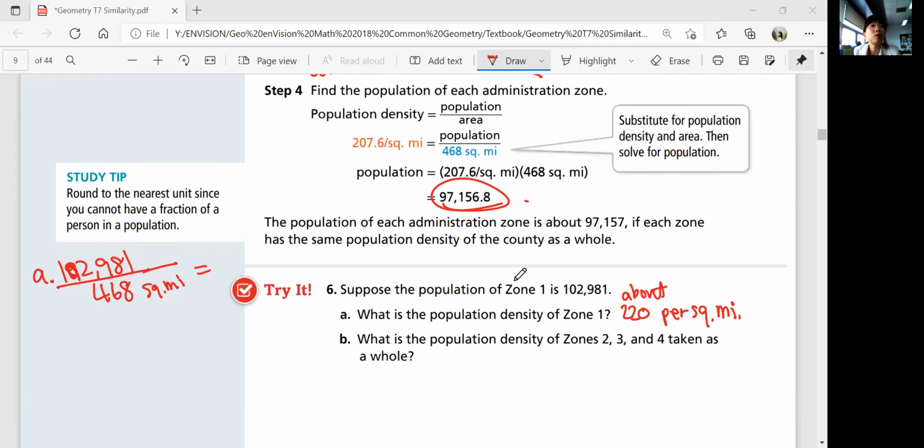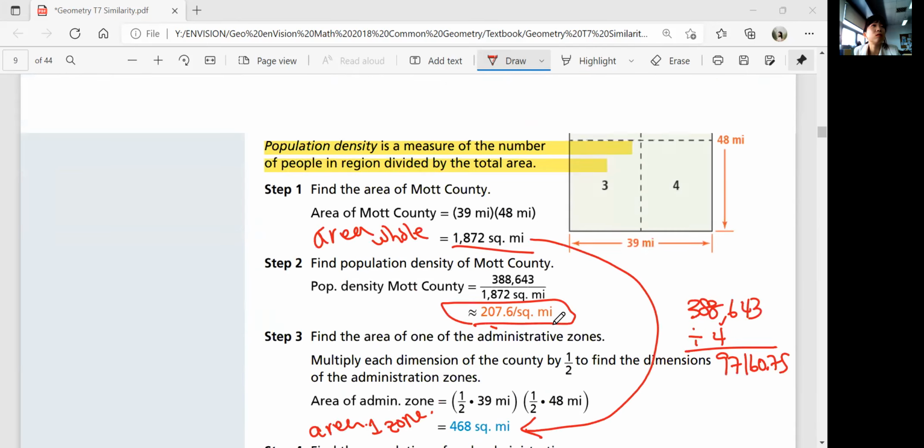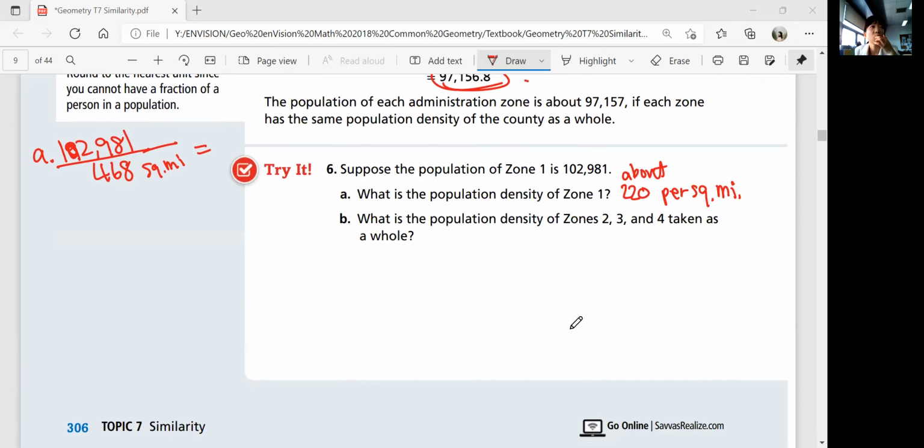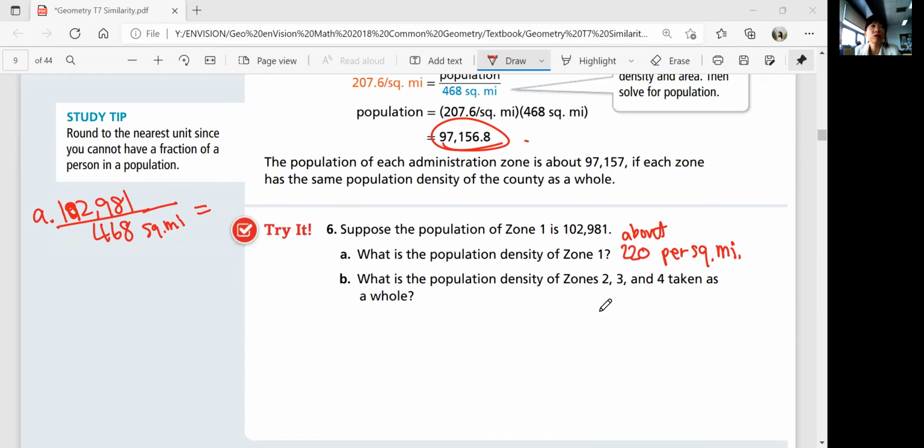Okay. And what's the population density of zones 2, 3, and 4 taken as a whole? It should be the same thing, right? They're the same. Okay.